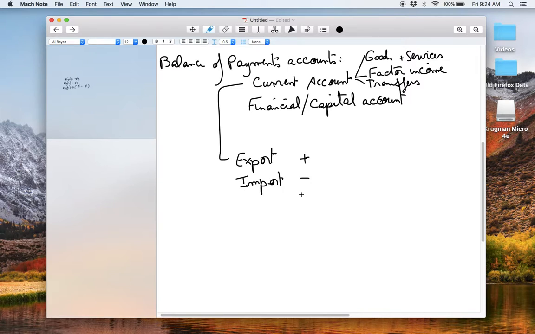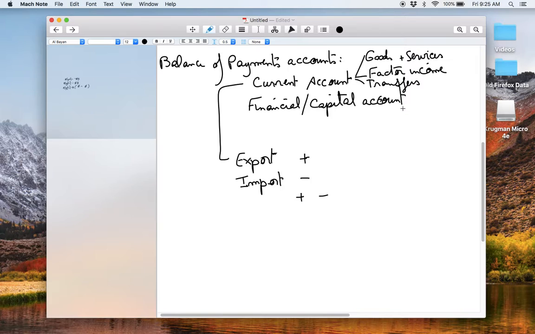So that would be a plus. If foreign workers work here, they send the money home, that would be a minus. Okay? So let's think of factor income and transfers that way. If we're transferring money abroad, that's a minus. If another country is transferring money here, that's a plus. Okay, so these are the changes in the current account.